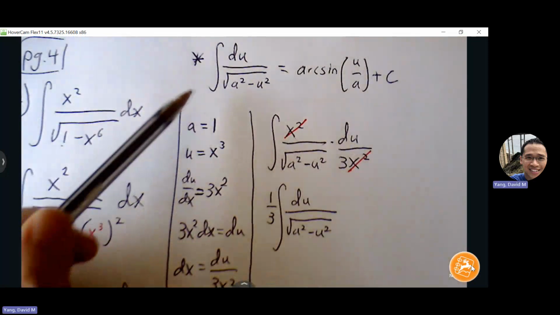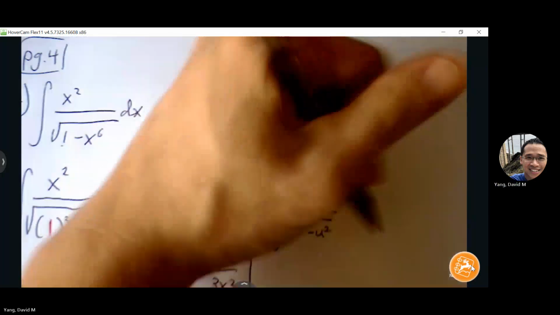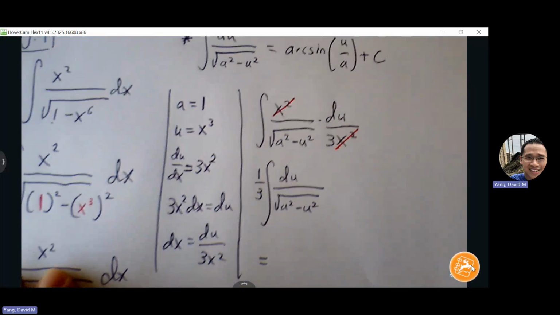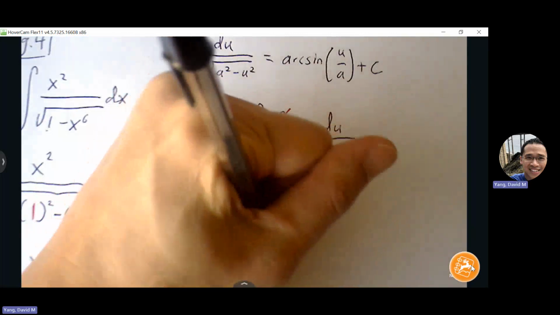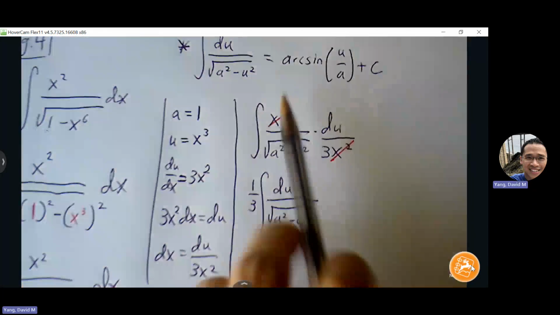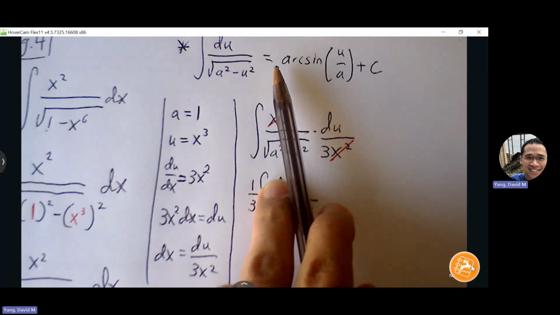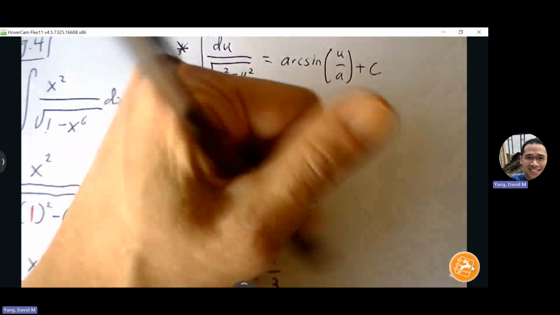Okay, do we have a perfect match with the rule that we want to use? Yes, right. So ready to apply our integral rule here. The 1/3 is going to stay. That's part of this coefficient. Arc sine is the only one without a 1 over a in front. The other rules have 1 over a, like arc tangent, arc secant has 1 over a. This one just jumped directly into arc sine, so 1/3 arc sine.